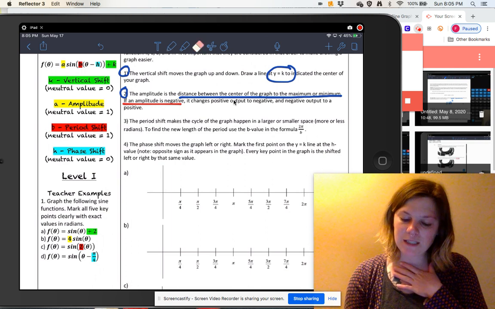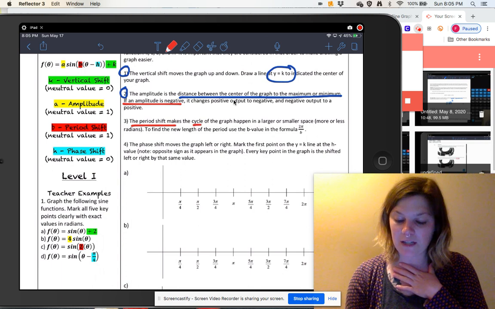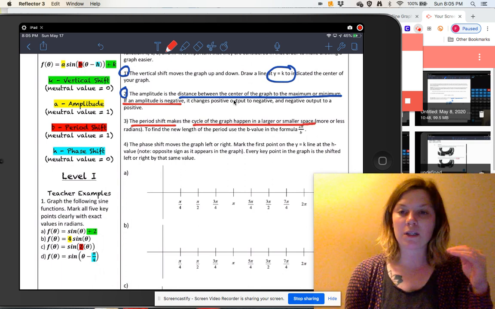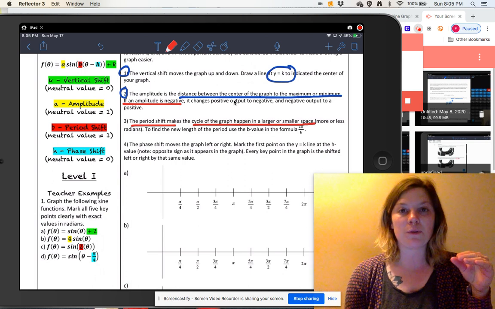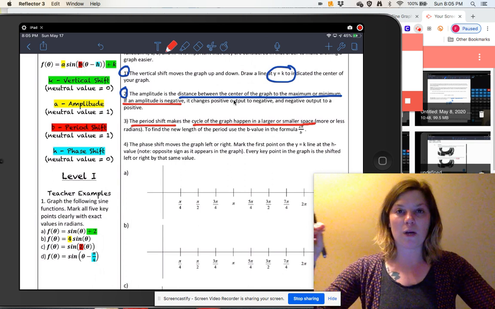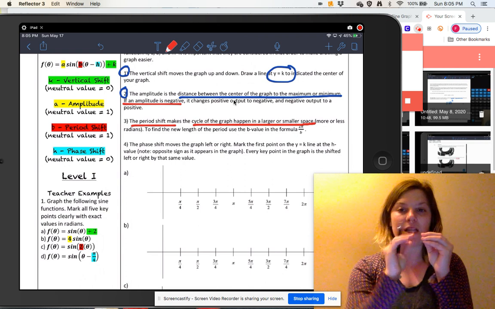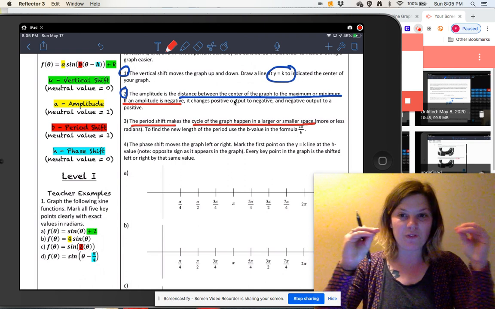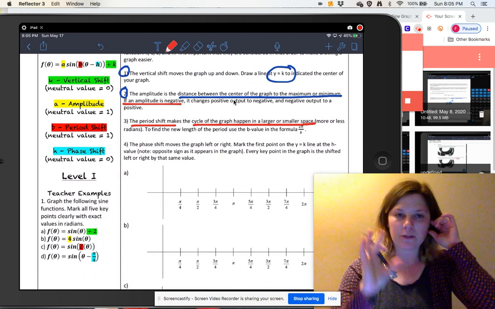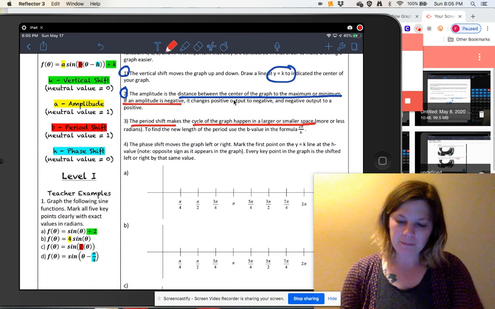And the period shift makes the cycle of the graph happen in larger or smaller spaces. So when we were looking at the Desmos thing, we saw it get wider or smaller. It was lots of little peaks or it was fewer wider peaks. So that's what that controls.